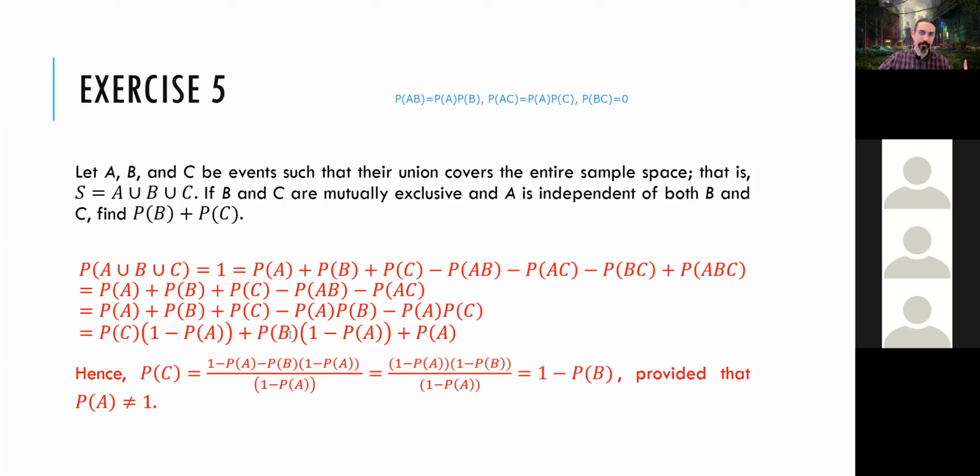And when we take the parentheses for B, we get this value. 1 minus PA, they are both the same. And we also have a PA here. Now we are looking for PB plus PC. Okay, let's just start with leaving the probability of C alone. So I have to get these two values on the other side and then divide by 1 minus PA, which gives me this, and a simplified version, this.